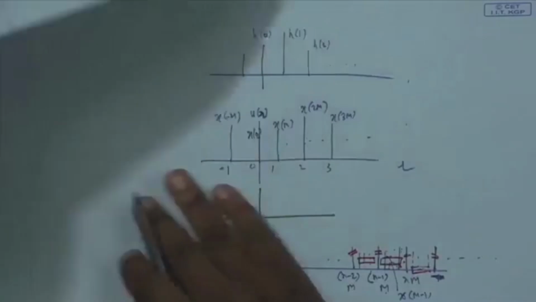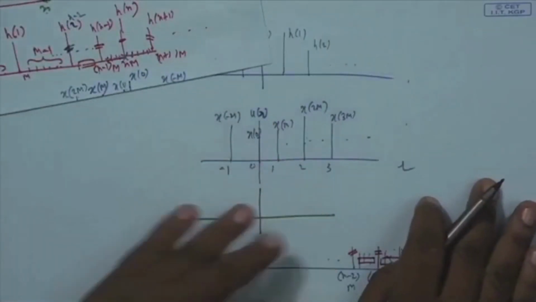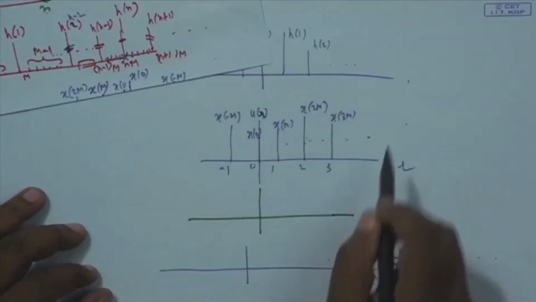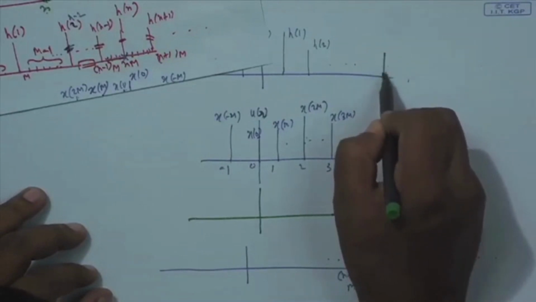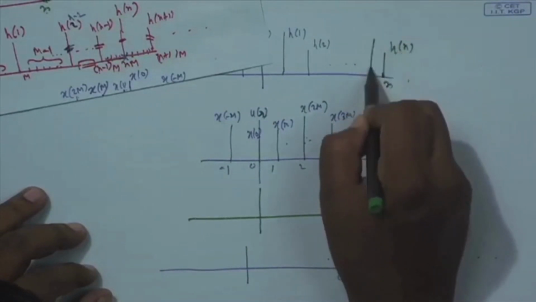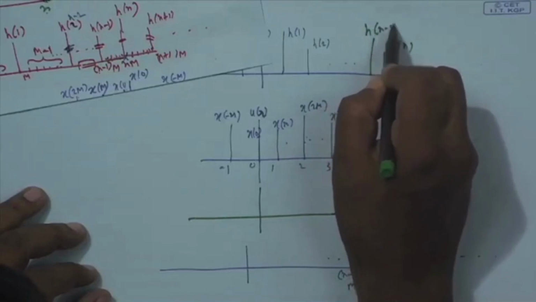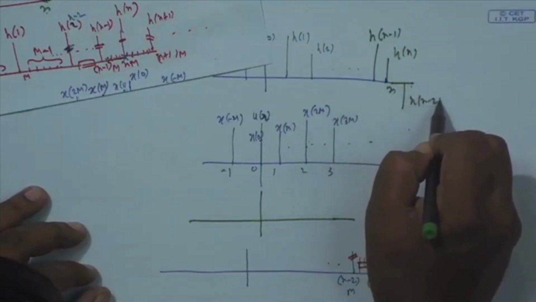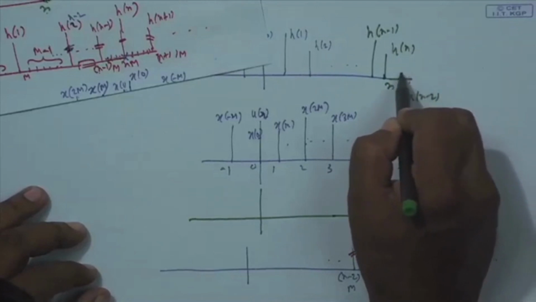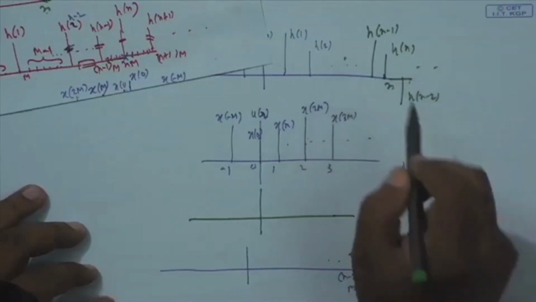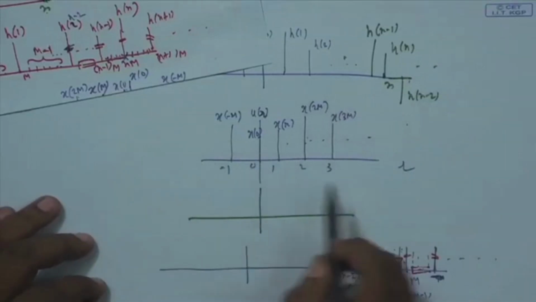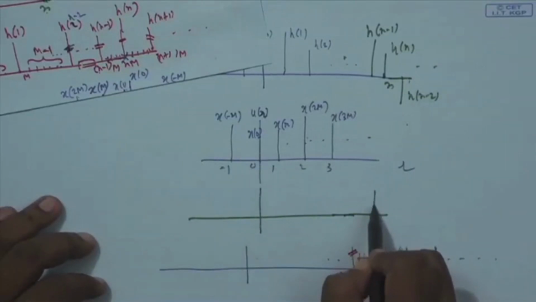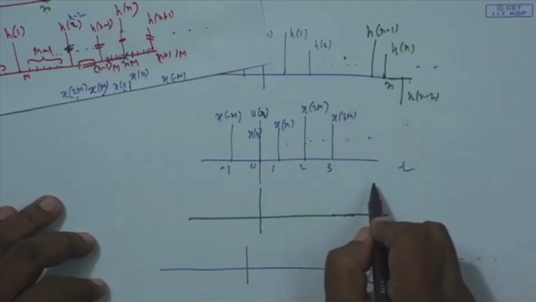So, nth index means the flip side sequence will be shifted to the right by n. So, if it is nth point where I have got h n, then I have got h n minus 1, say h n minus 2, dot dot dot dot. So, after you flip, x 0 will come and sit below h n, so x 0, you have flipped.